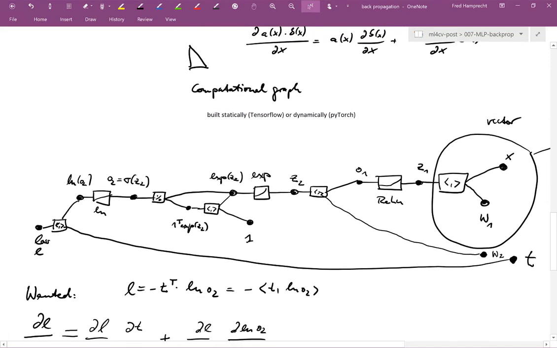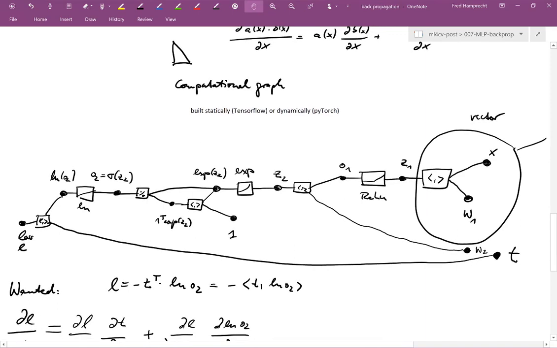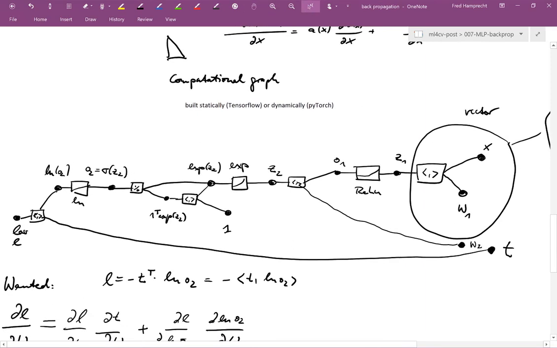So for the network above, here is the complete computational graph. On the very left, I have the loss, and on the very right, I have all the inputs, namely my input x, my desired output t, the target, and the parameters w1 and w2.